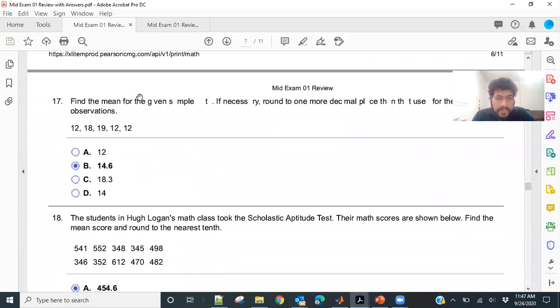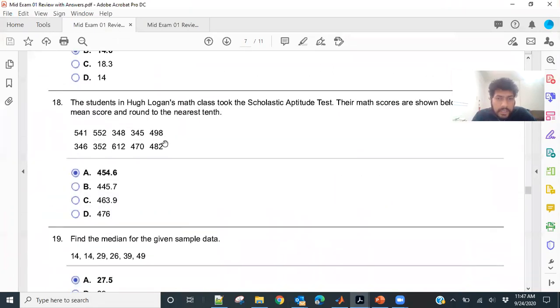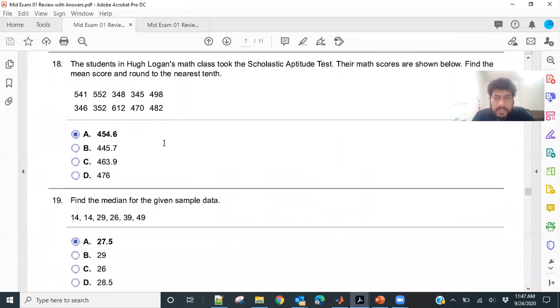Number 17, again find the mean. Here, round to the nearest tenth. So they have mentioned that you have to find the mean, but round that value to the nearest tenth, which means the first decimal digit.